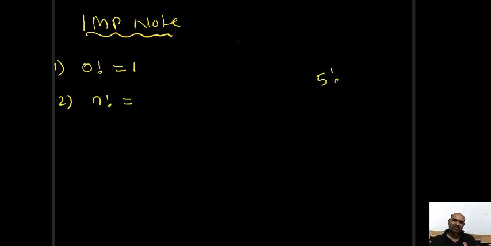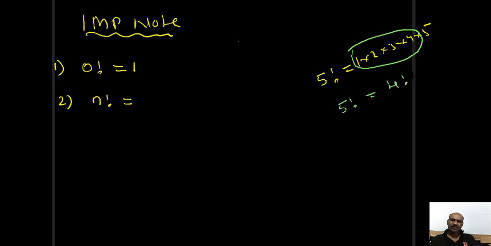For example, 5 factorial means 1 into 2 into 3 into 4 into 5 only. Or instead of 1 into 2 into 3 into 4, I can write 4 factorial. 5 factorial is nothing but 4 factorial into 5, or 5 factorial is equal to 5 into 4 factorial. Both have the same meaning.